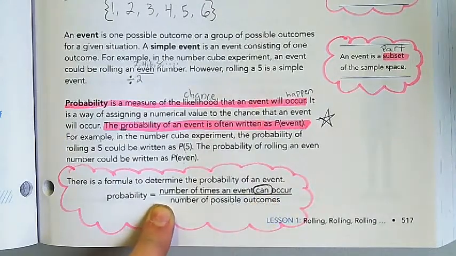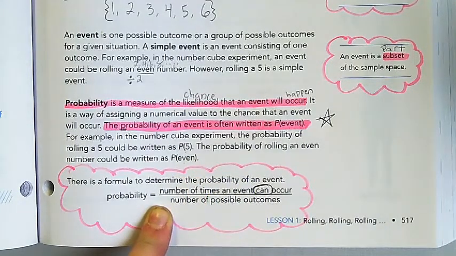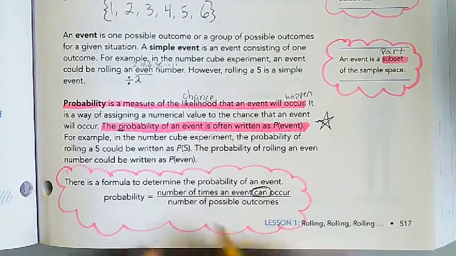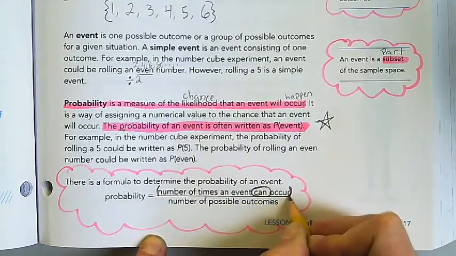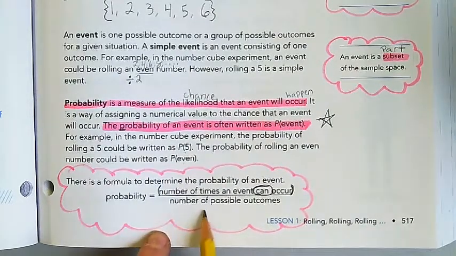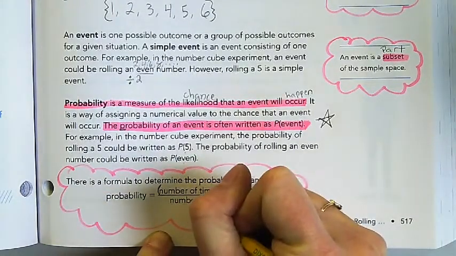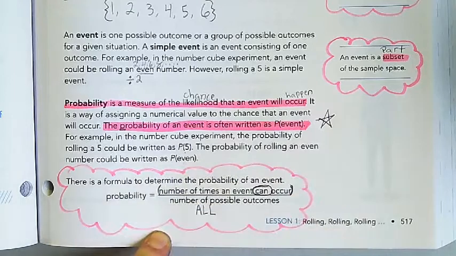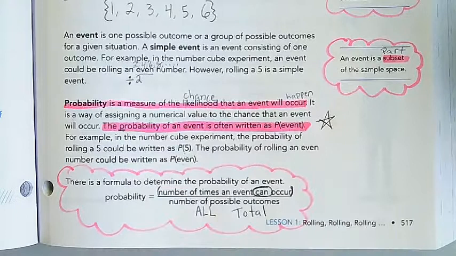So that would be like how many 5s are on the number cube, or how many even numbers are on the number cube. You're looking at what's in those parentheses. On the next page, we'll do some examples. The denominator is the number of possible outcomes. It's the number of all outcomes. The total number of outcomes.